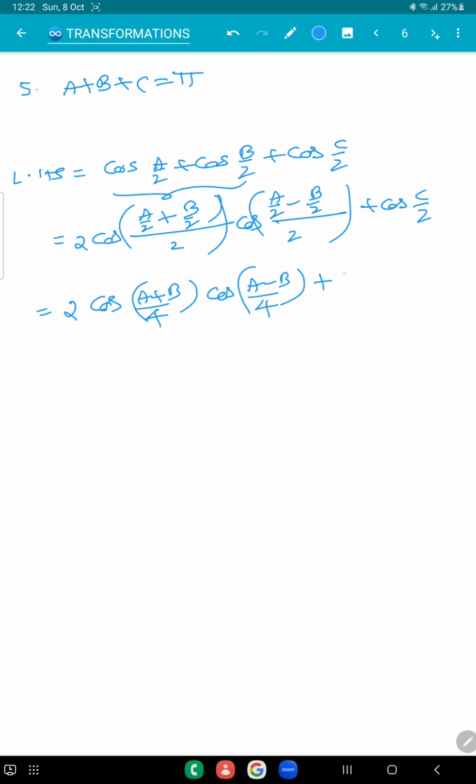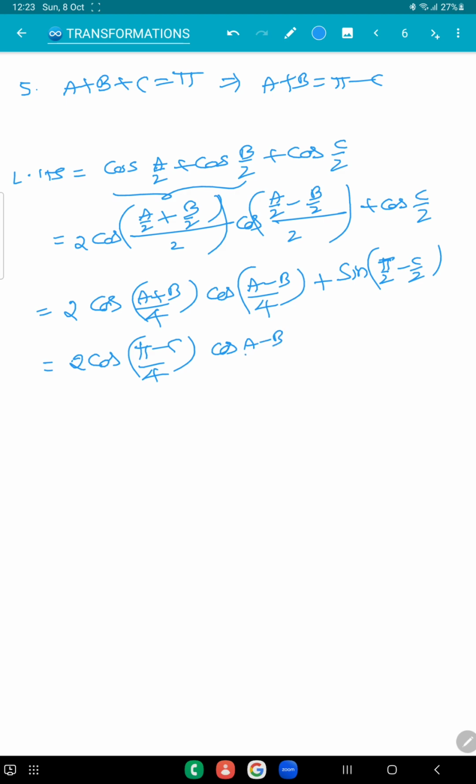We want to write cos(c/2) as sin of (π/2 − c/2). Am I right, sir? Yes, sir. So from this one, a plus b is equal to π minus c. Now I am writing that as 2 cos((π−c)/4) cos((a−b)/4).